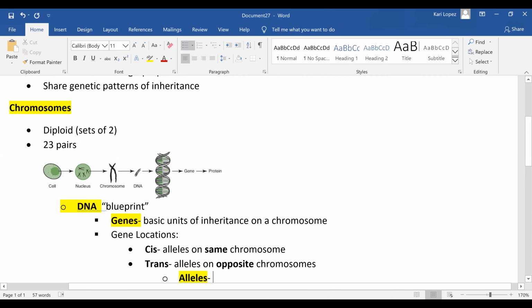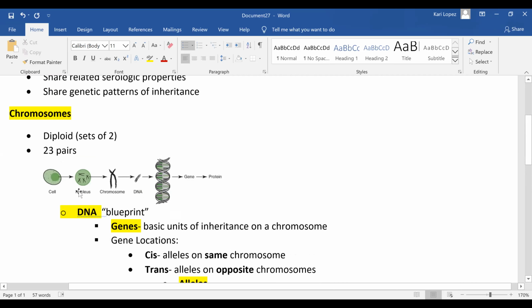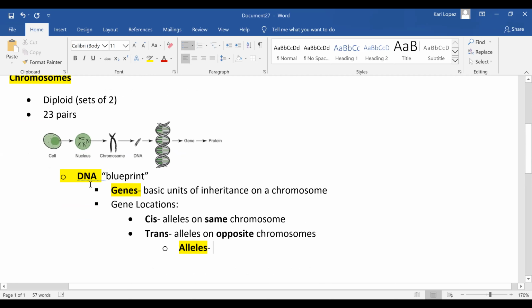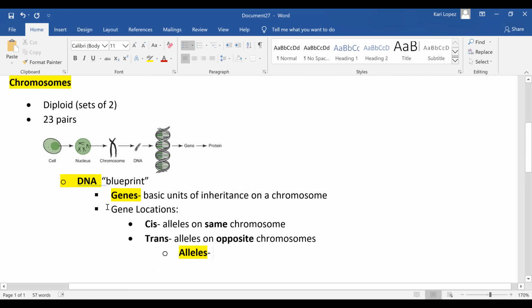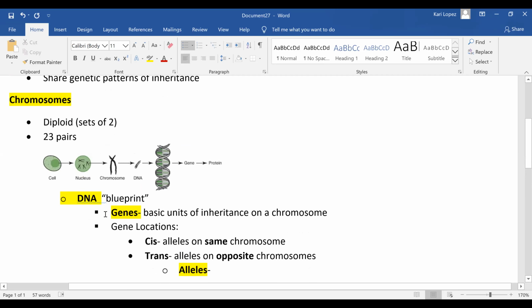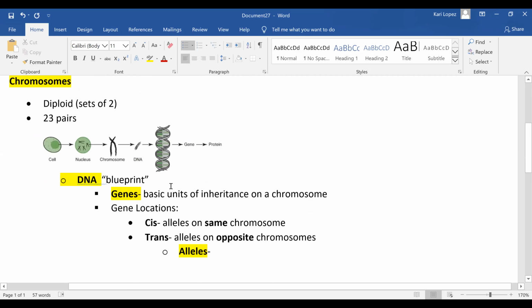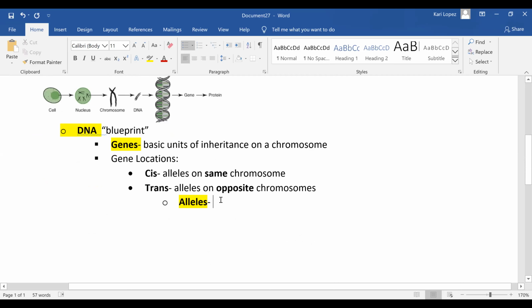I get it now. Chromosomes is its own with the two little black dots, and then DNA is its own. What I would do is an arrow. Wouldn't an arrow be more efficient? Going from the chromosome to the genes to the alleles. Well, I have it up here in the picture. Yeah, that'll work. Okay. That's fine.